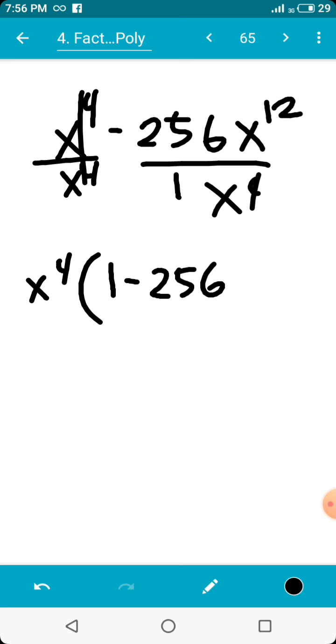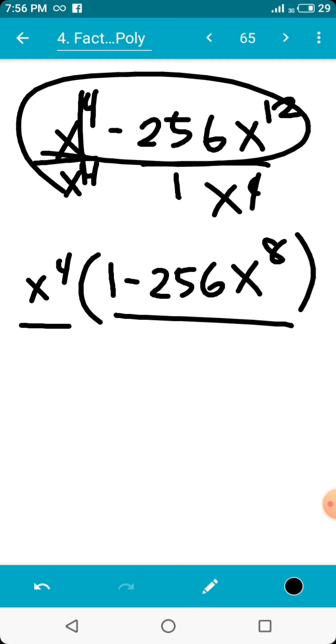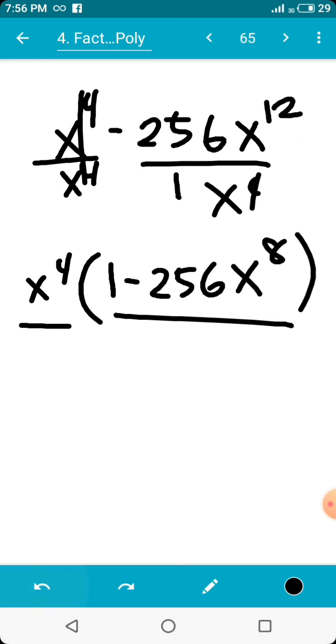And then, yung x, pag dinivide natin yung x raised to 12 tsaka x raised to 4, so it will become x raised to 8. Okay? So, ito at ito, yung factors ng ating x raised to 4 minus 256 x raised to 12.